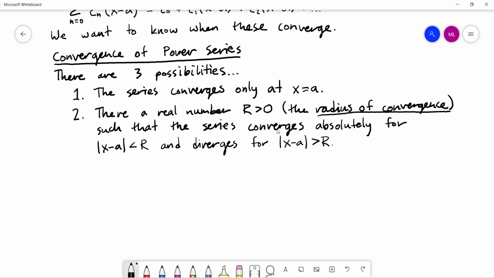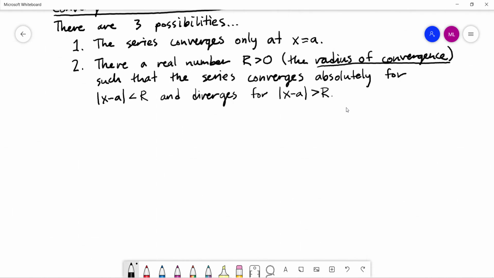So if r is equal to 2, and we center this at the point a equals 3, then our series converges 2 to the left and 2 to the right of that point 3. Down 2 to the left would be 1, 2 to the right would be 5. So it converges over the interval from 1 to 5 if our radius is 2. That's all this one is suggesting. There's a finite radius of convergence.